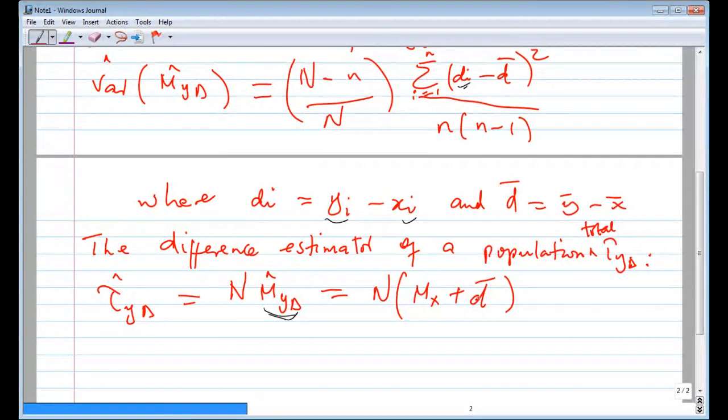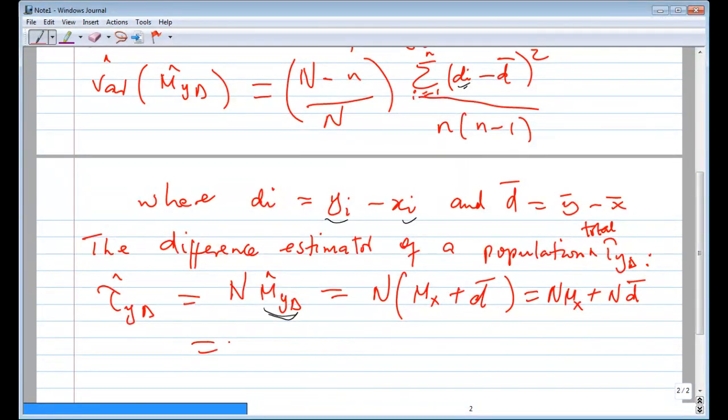Then close the brackets. So now we can multiply through by what? By the population size, which is capital N, isn't it? Then you get N mu x plus N d bar. Okay.